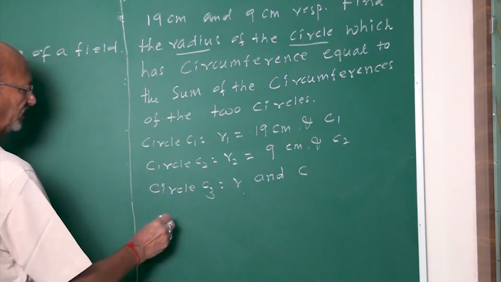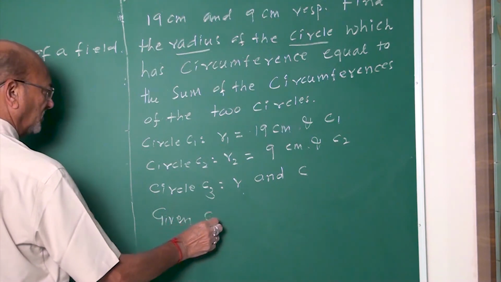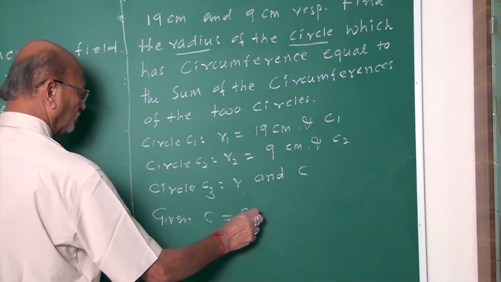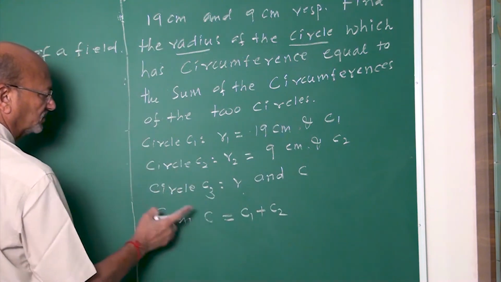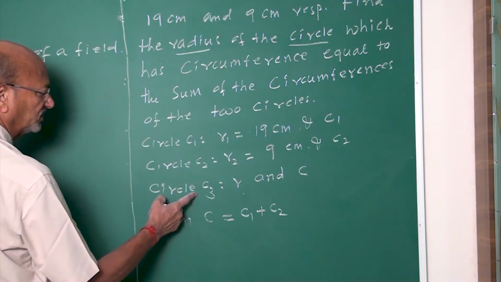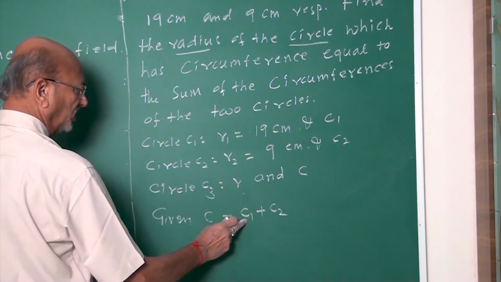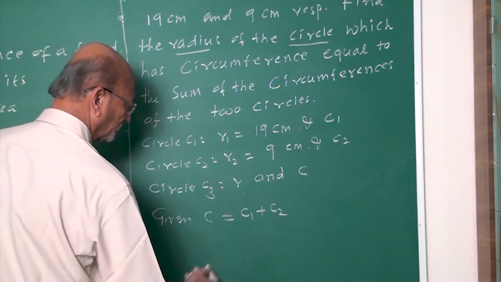What is given, my friend? Given circumference of the third circle C equal to the sum of the first and second circles. Circumference of the third circle C3 equal to C1 plus C2.